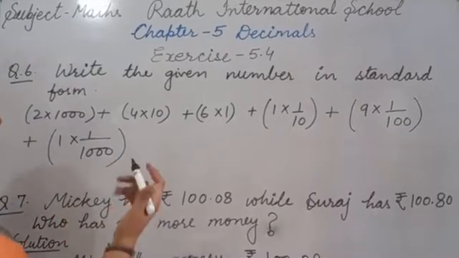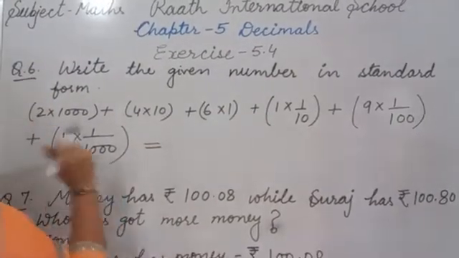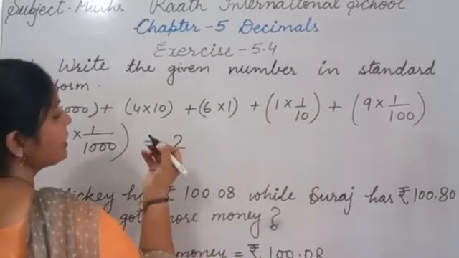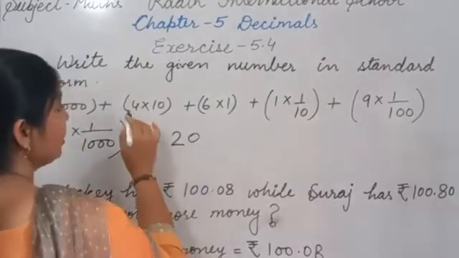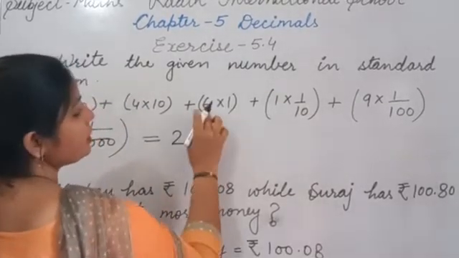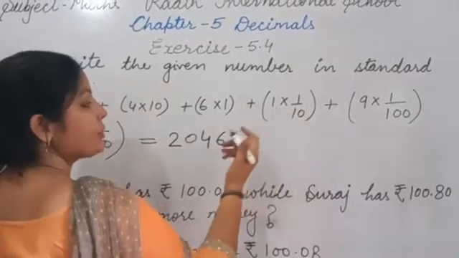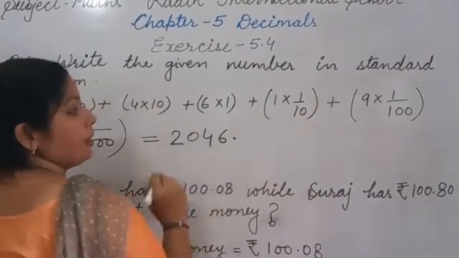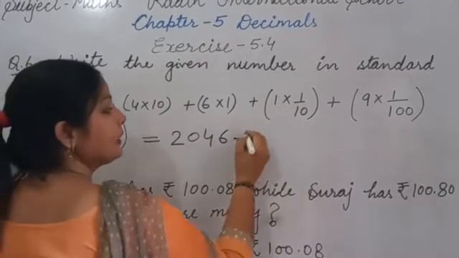Okay. So you should write in the standard form. Equals to 2000, so 2 on the thousands place. Now there is no hundreds place, so we make the hundreds place 0. Then 4 tens, 6 ones. Now the fractional part starts, so we should put a decimal here. Now 1 tenth. After the decimal, the first place is tenth.